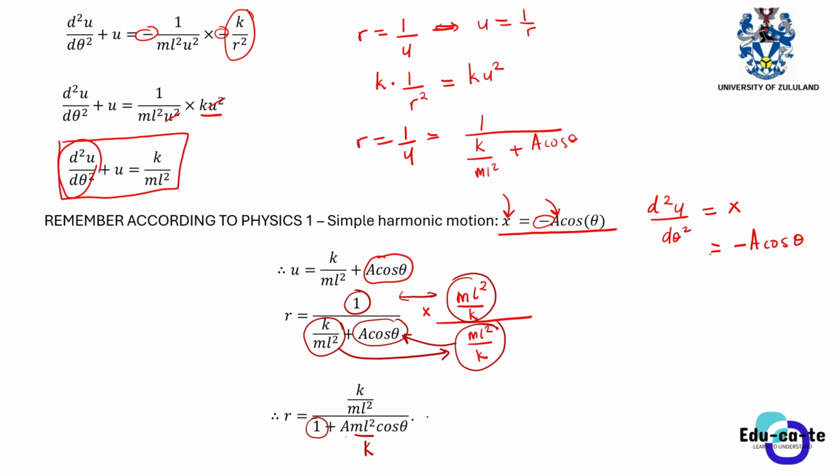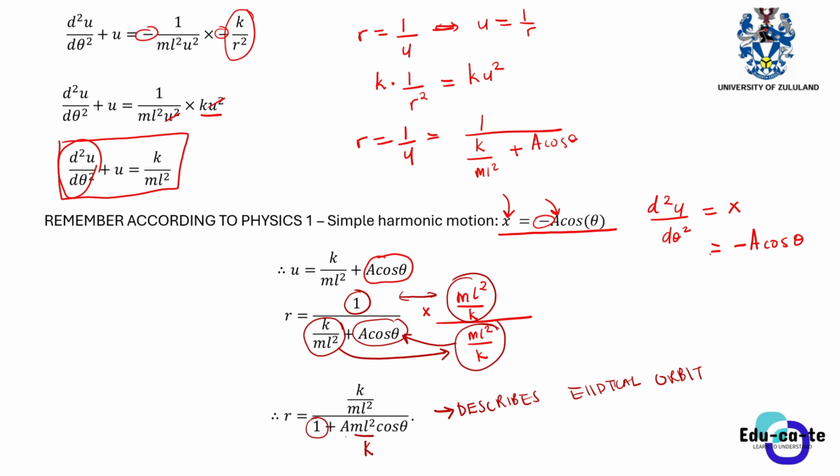So basically this equation describes the elliptical orbit. If they say derive an equation for an elliptical orbit, you are supposed to prove this equation.